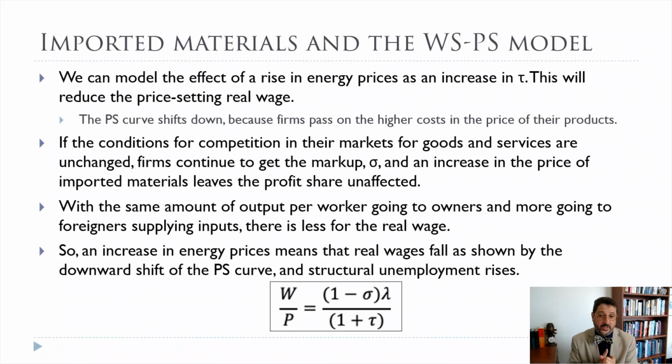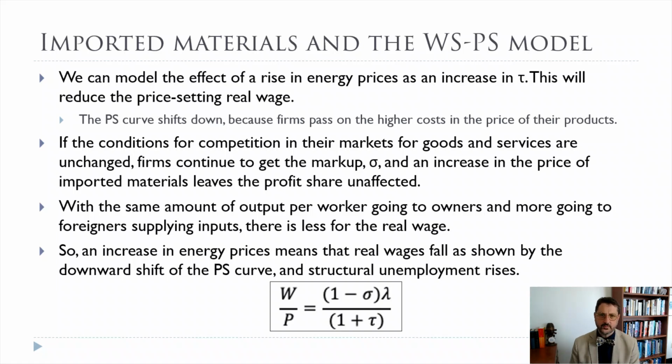Energy was a big example in the 70s, and of course it's still a big example. But also things like putting tariffs on steel or aluminum, right? That increases those prices. And either way, that shows up in the denominator of our real wage. And so our real wage goes down, the price setting curve shifts downward, we get a lower real wage and higher unemployment.